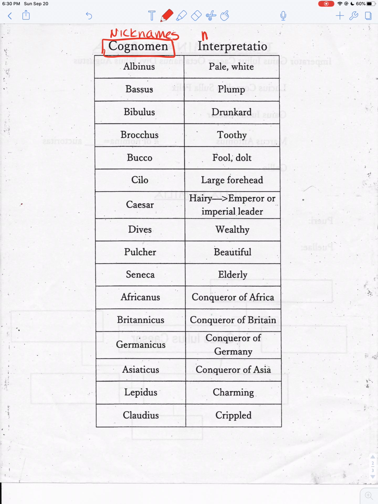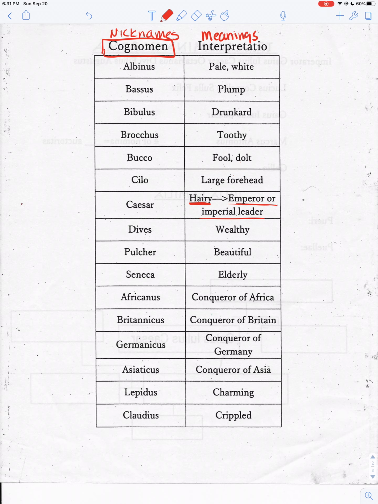And these are the meanings for those. So, albinus, pale or white. If someone was pale or white or had white hair, they were probably called albinus as a nickname. Plump, drunkard, toothy, raucous. We have fool or dolt, large forehead, Caesar. Originally it meant hairy, and then came to mean emperor or imperial leader.